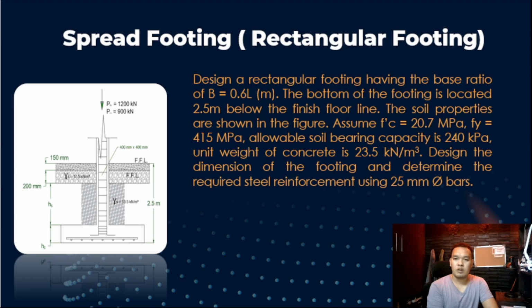Then, compare for Rho minimum and Rho max. Then, after natin ma-identify kung ano yung Rho yung gagamitin, we could get the steel requirements, which is AS equivalent kay Rho B D. After makuha si AS, divide by area of bar para makuha natin yung number of bars, no, na needed dun sa ating design ng footing. Also, kapag nakuha na natin yung number of bars, we could get the spacing, no, na required para dun sa ating design. Okay? So, para mas maintindihan natin, ipakita natin kung paano siya sinusolve.